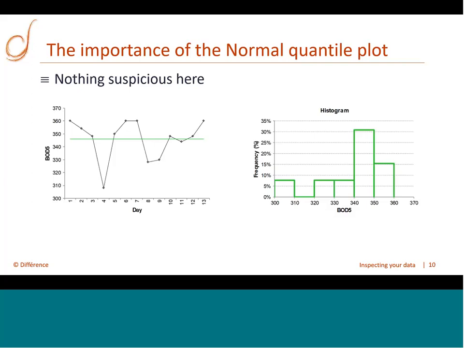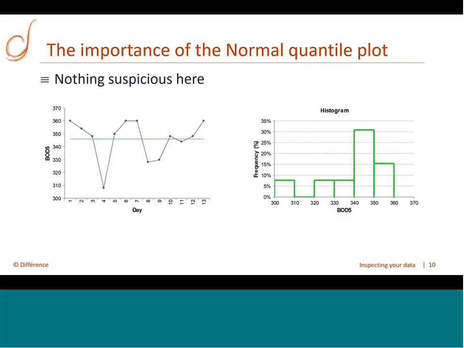On the y-axis, we see a characteristic called BOD5. BOD5 is biological oxygen demand. It takes 5 days to get the results, and it's something we measure in water that we send back to the river. Ideally, this value is as low as possible.